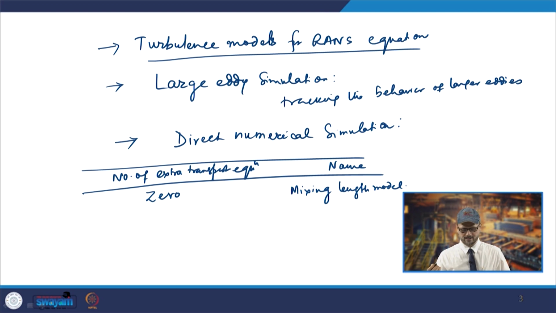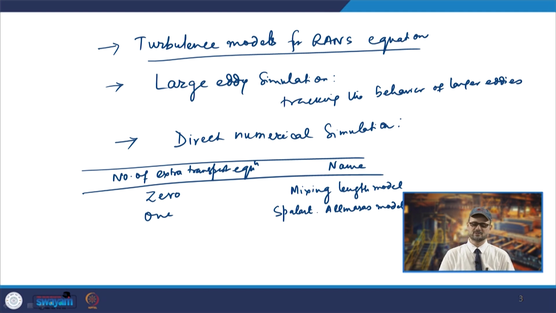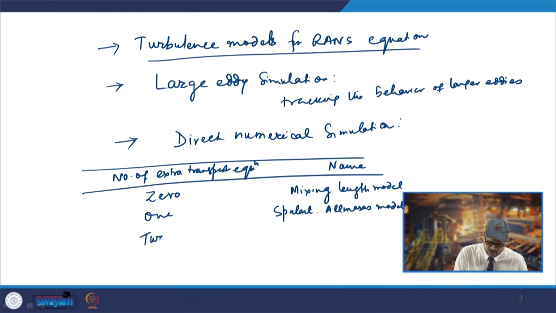Similarly, you have one extra equation which needs to be solved, and that is the Spalart-Allmaras model. In that you have one extra transport equation which needs to be solved for taking into account these extra stress terms. Similarly, you have two extra equations which need to be solved in certain cases, for K and epsilon, and that was developed by Spalding.